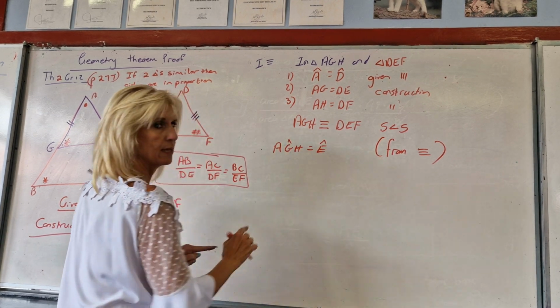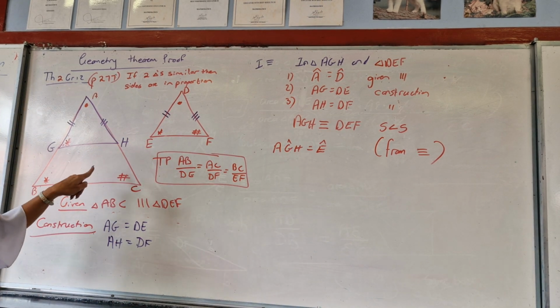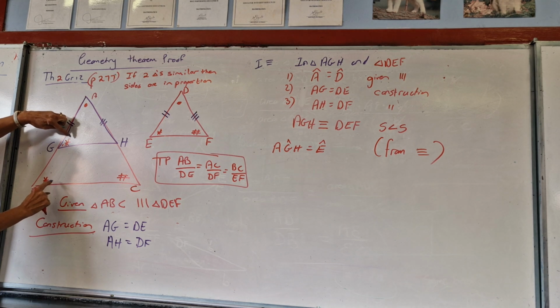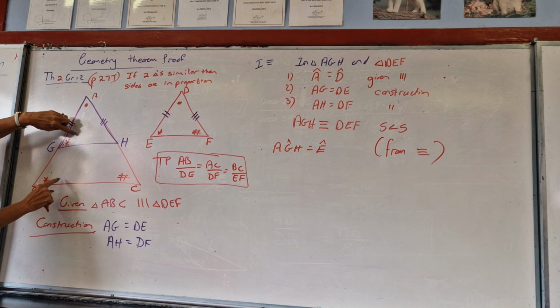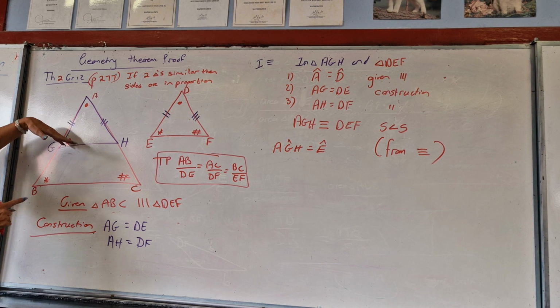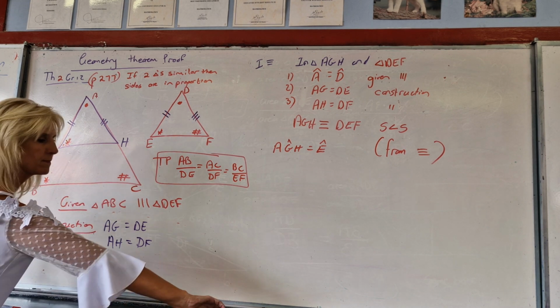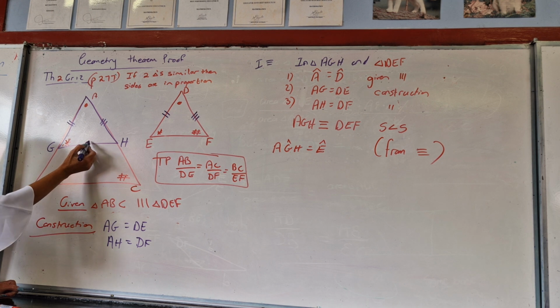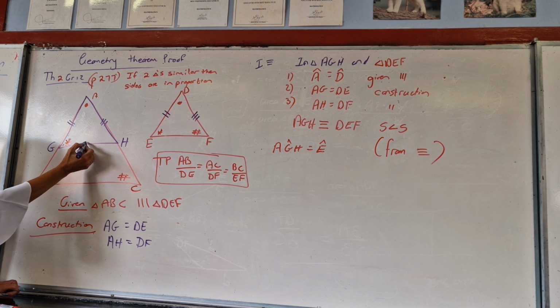From congruency. That's why it's also a little star. But what does that tell me? They're the same. So G and B, they are corresponding. So, similar.